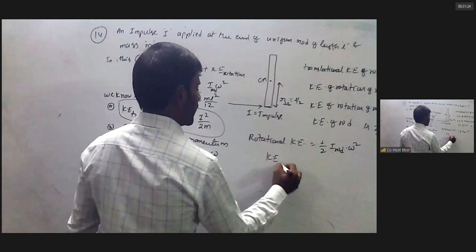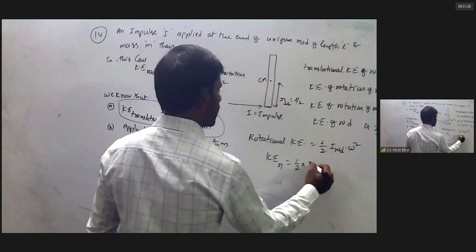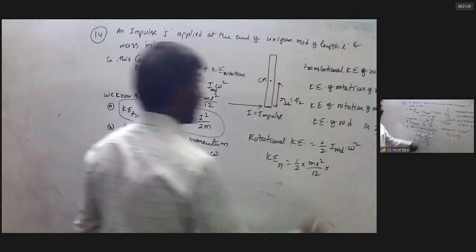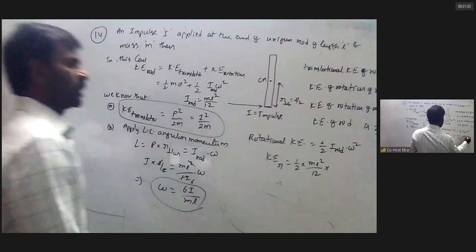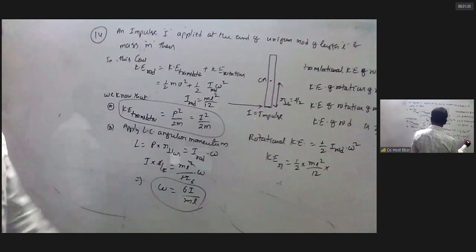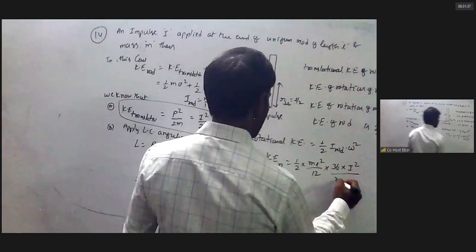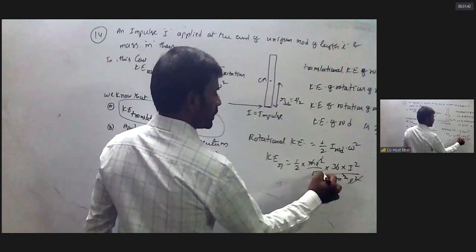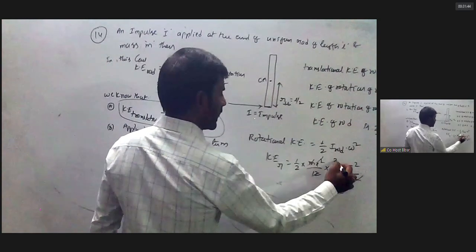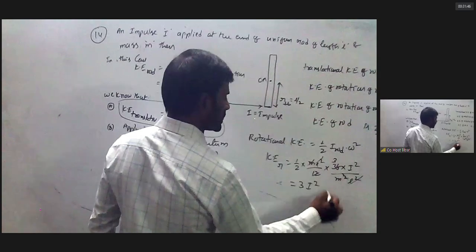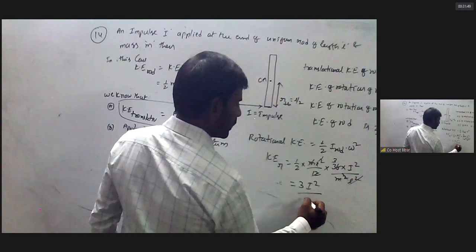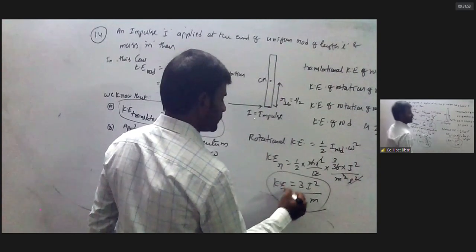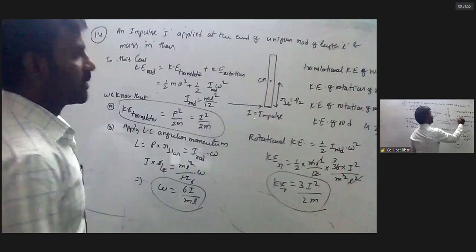So KR equal to half, I of rod ML square by 12, again into omega square, 36 into I square by m square L square. L square gets cancelled, one m cancels. 12 goes 3 times. So 3 I square by 2m. KR is 3I square by 2m.